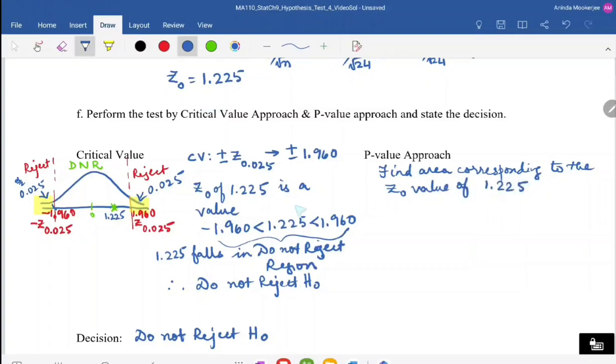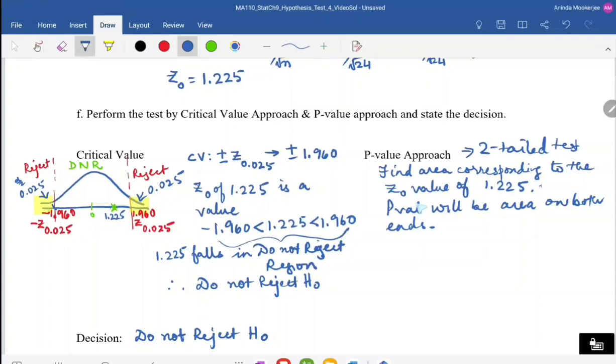Now because this is a two-tailed test, so we want to write that up front here, two-tailed test, because it's a two-tailed test, p-value will be area on both ends.